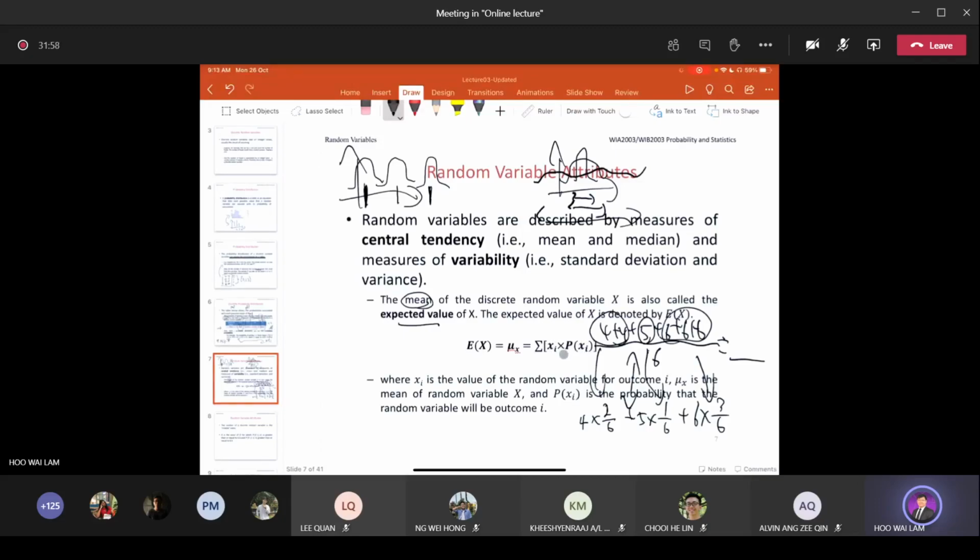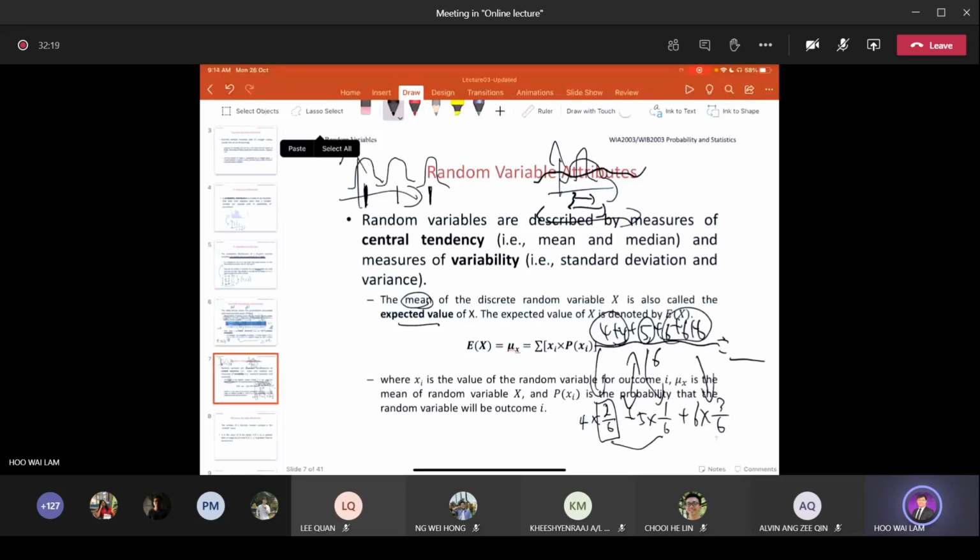Because there is a possibility that you don't have this kind of data given to you, but you still need to calculate your mean or expected value. This probability tells you how probable this set of data is to happen.